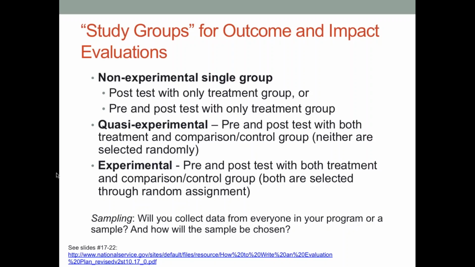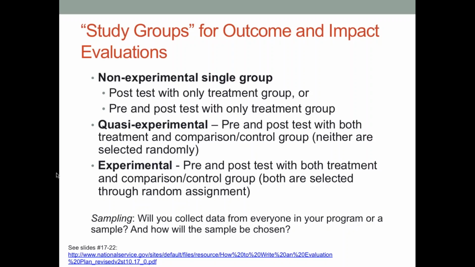Depending on the program, for example, with your members, you're probably collecting everybody, the whole population. But if you serve 10,000 students and you want to survey all of them, that might not be feasible. How are you going to sample within that? That's something you need to think about. And then what are you going to do with those quantitative data, based on what kind of claims you want to be able to make?